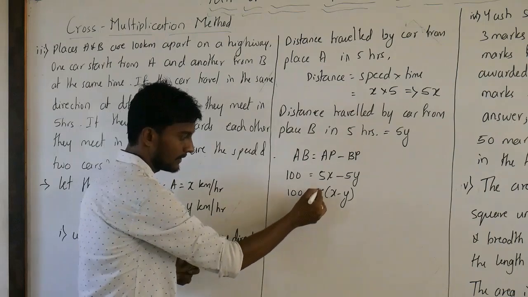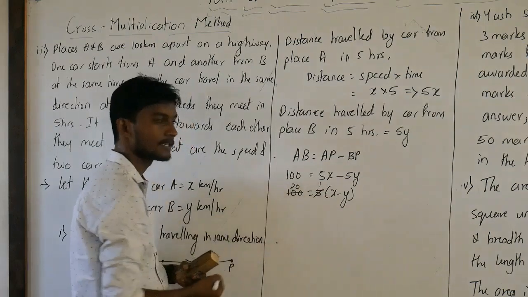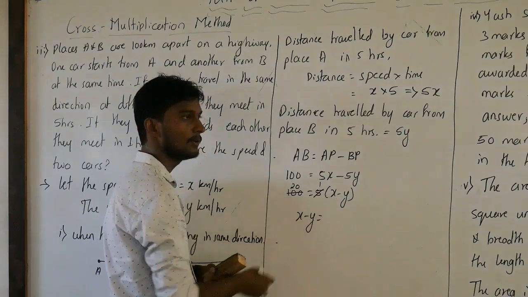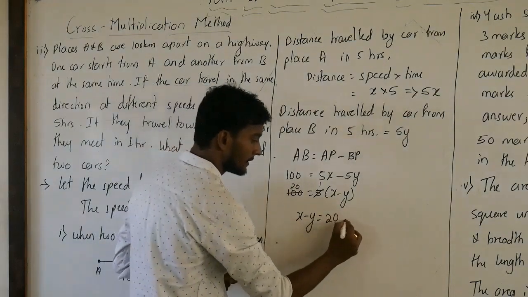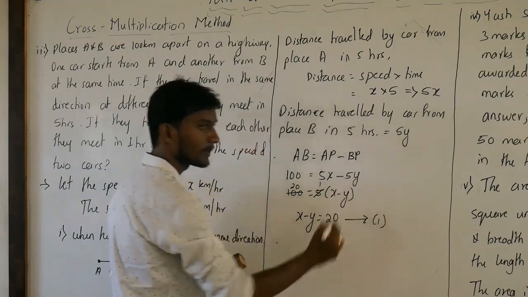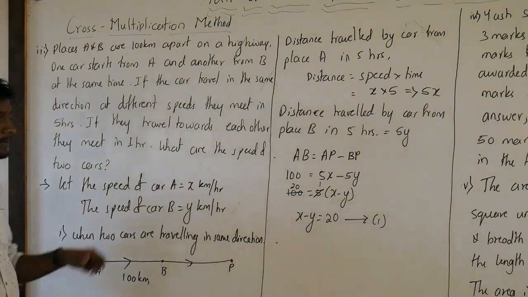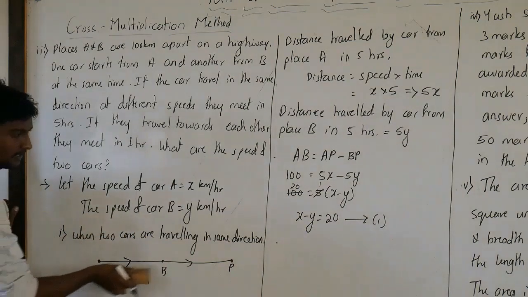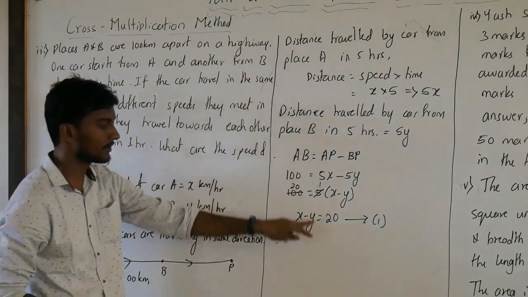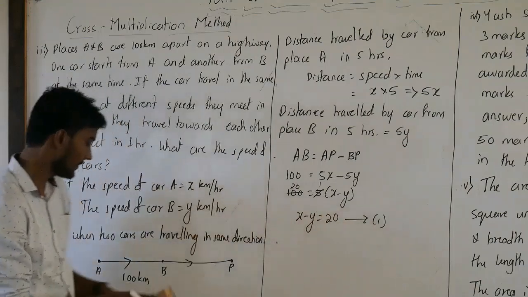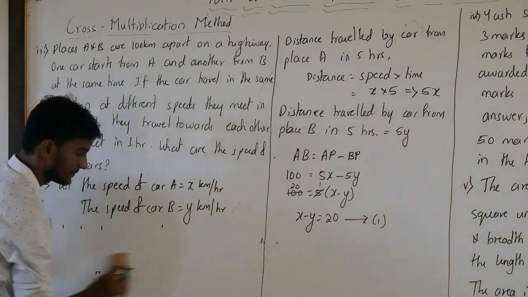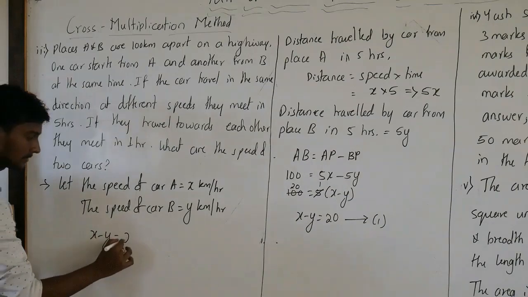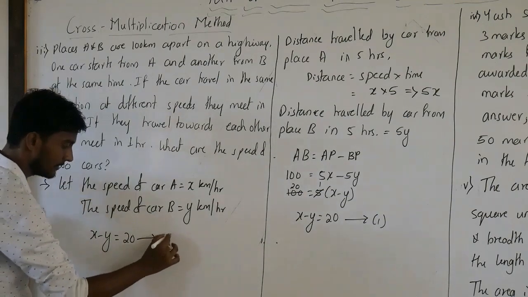Cancelling, 5 twenties are 100, so what is left is x minus y is equal to 20. Take it as equation number 1: x minus y is equal to 20. So by solving condition 1 we have got x minus y is equal to 20, equation number 1.